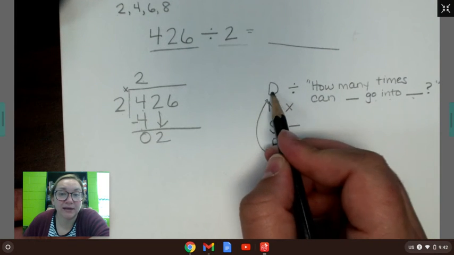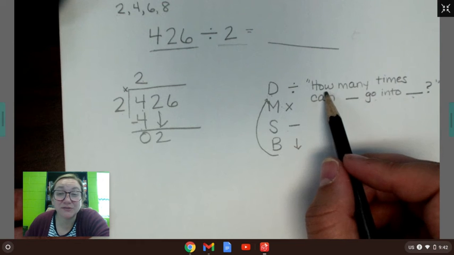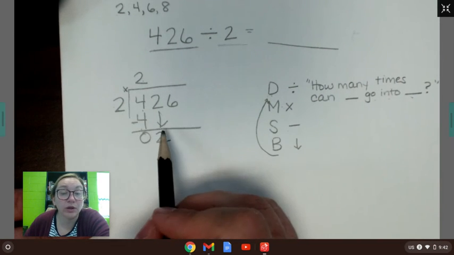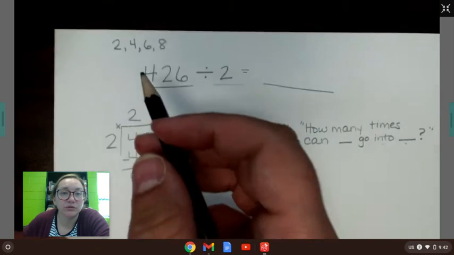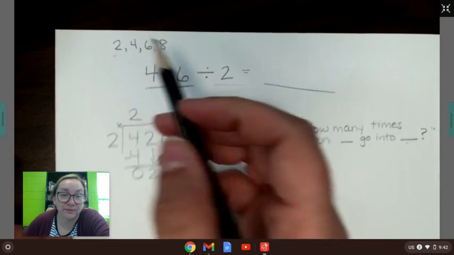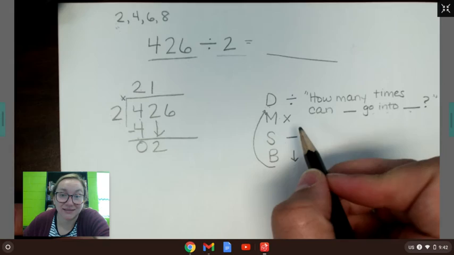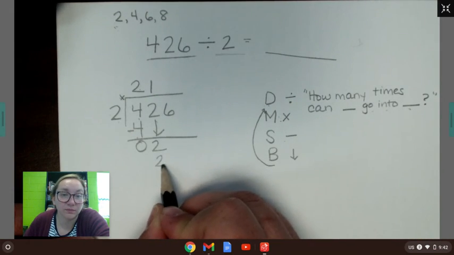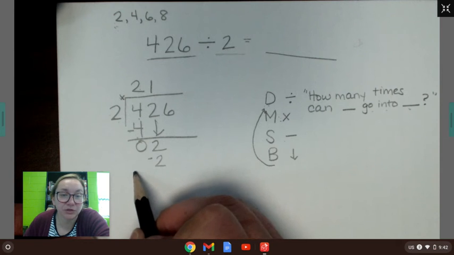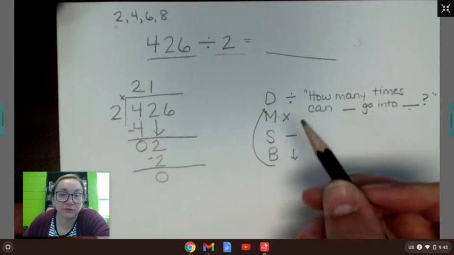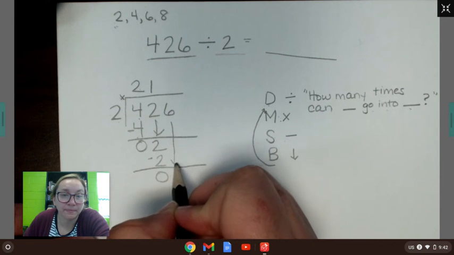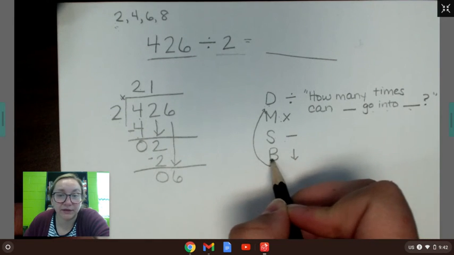That means we go back up here to the division and we ask ourselves the same thing. How many times can 2 go into 2? Well, 2 can go into 2 one time because, here's multiplication, 1 times 2 is 2. We subtract, we're going to get a 0. All right, after we subtract, we bring it on down and we bring it on back.